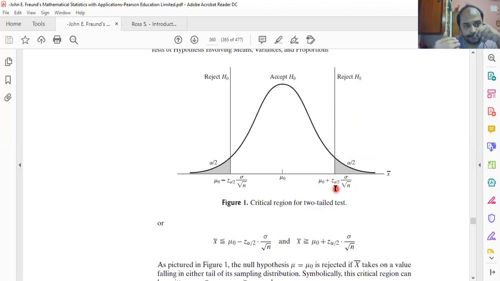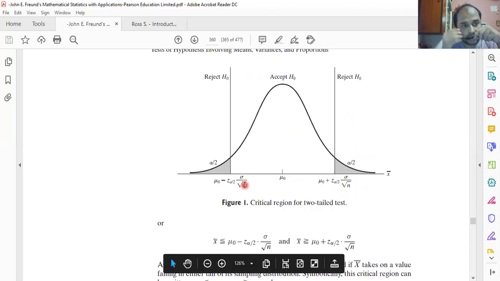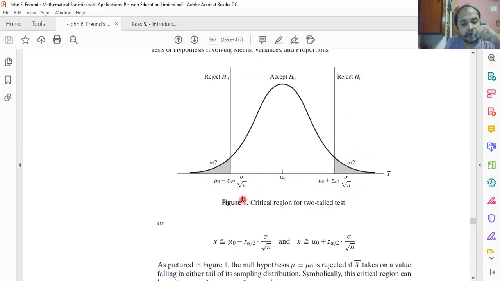If you have this book or the page in front of you, I'm going to stop sharing this particular page and go to the whiteboard section, where I shall be doing some mathematics to show you how these values, mu 0 minus z alpha by 2 sigma by root n and mu 0 plus z alpha by 2 sigma by root n, are being obtained.